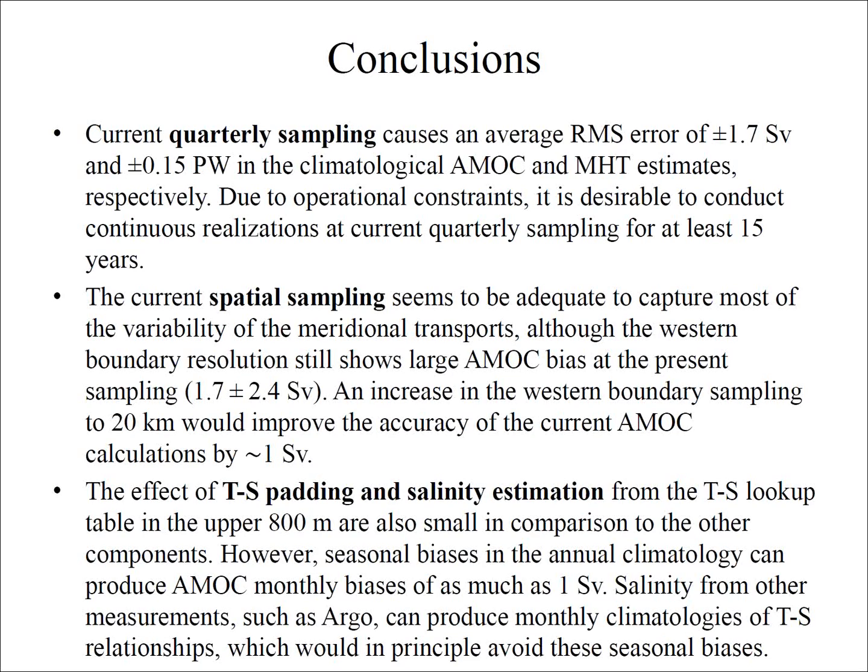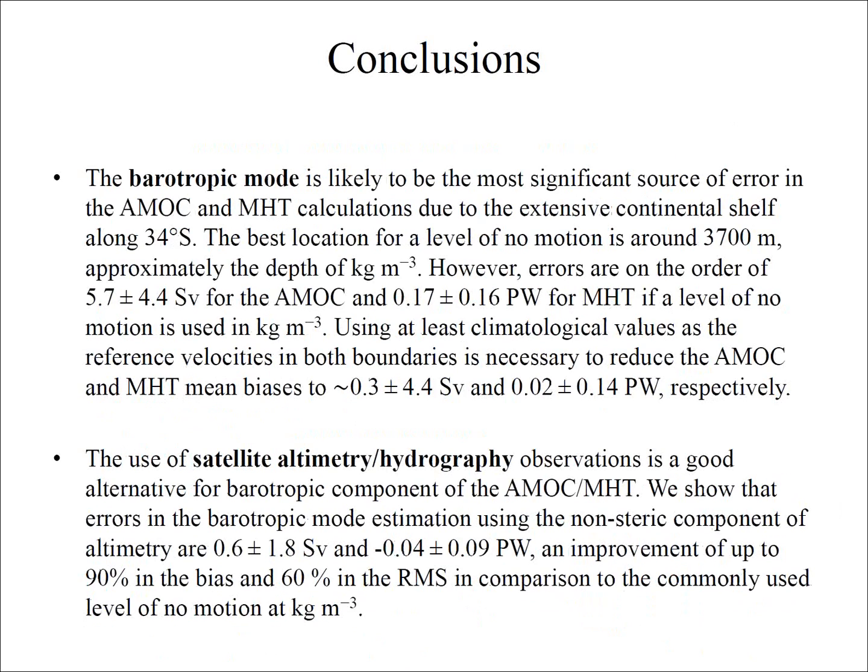Right? And so for the TF padding and salinity estimation, we should try to estimate the salinity on the top of 800 meters from a monthly average or comparable, or something like that. And the barotropic mode is one of the highest uncertainties in the model.